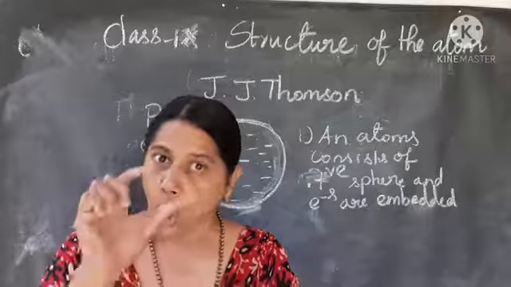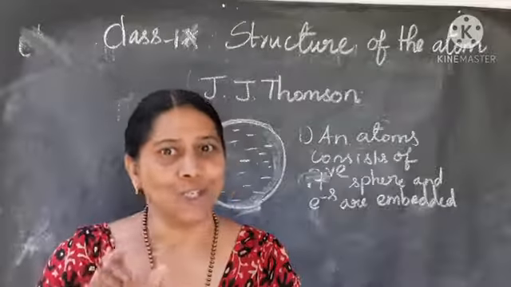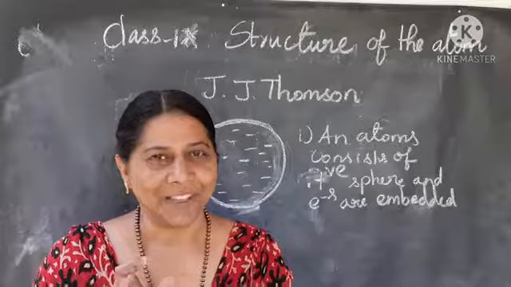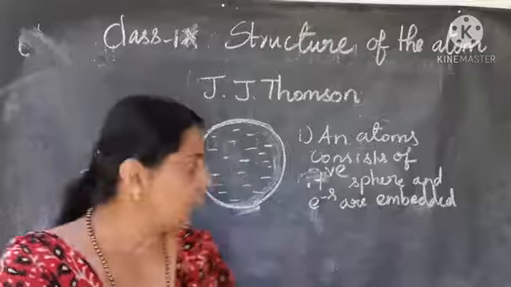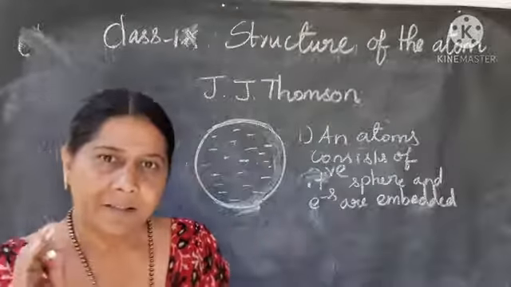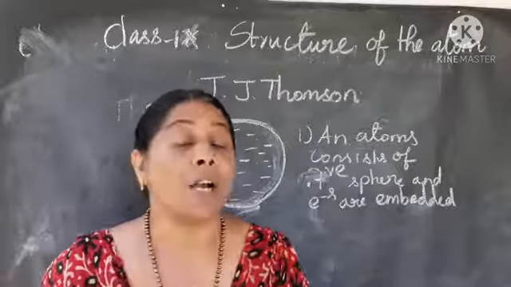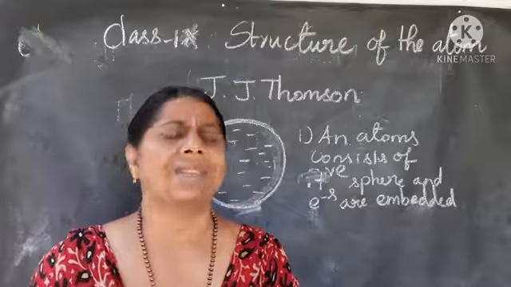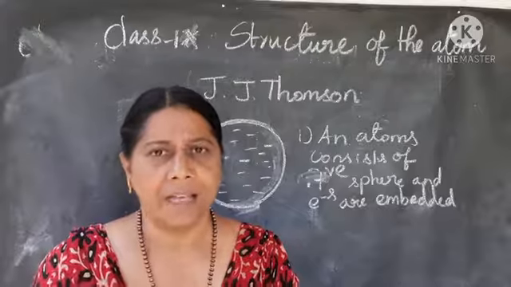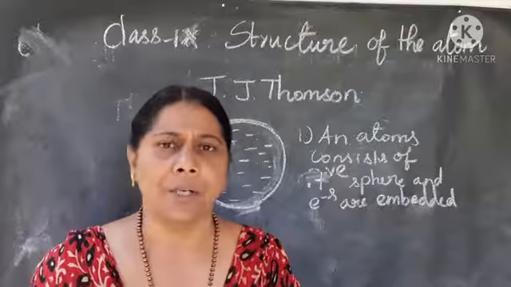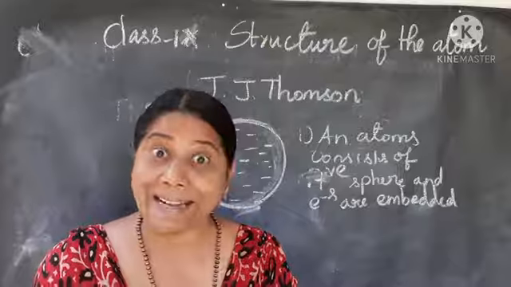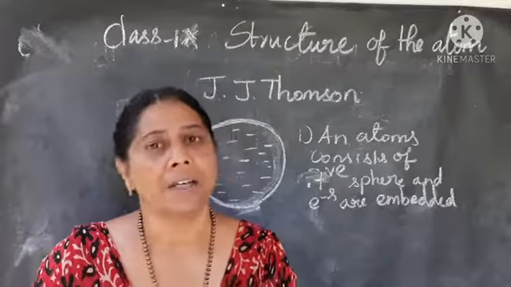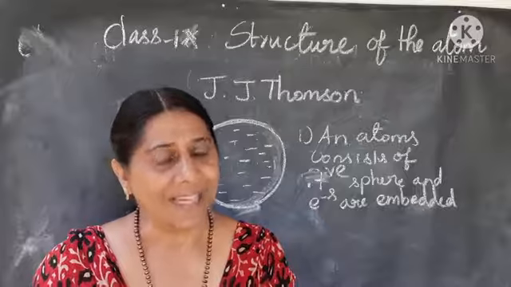That's why the whole atom is neutral. Okay, these are the 2 points he brought out from his model. Scientists were not satisfied with this model. Again, many scientists did many experiments to bring out the correct structure of the atom.